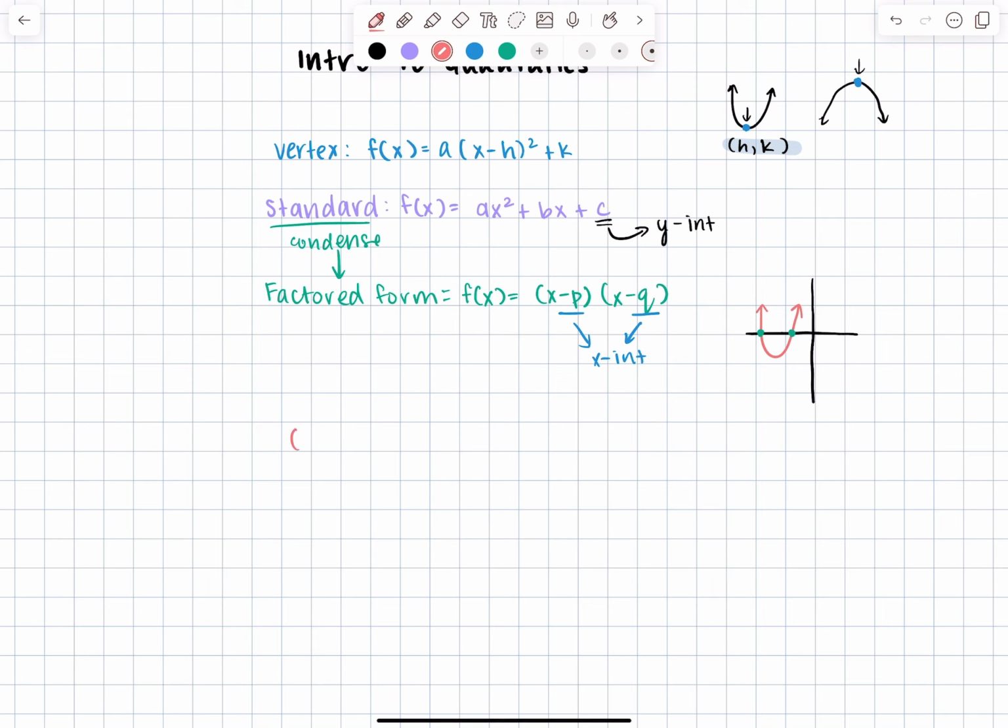So we have 2x plus 3 times 4x minus 1. It's very easy to go from standard form to factored form and from factored form to standard form. So I'm going to show you both.